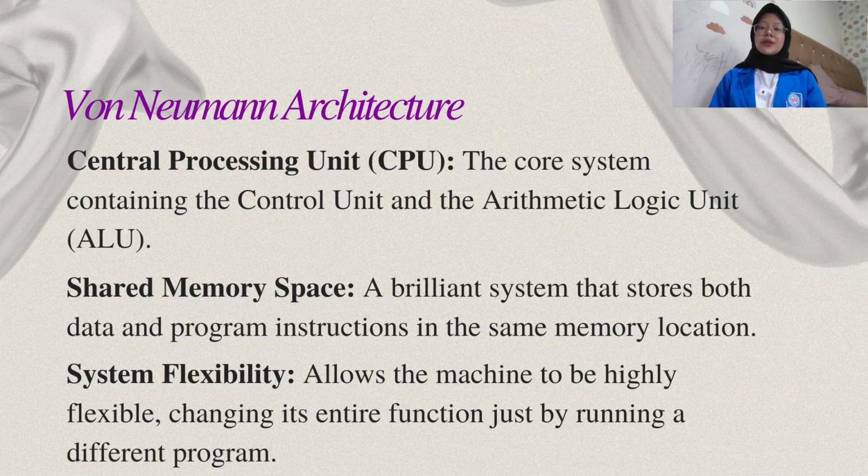This allows the computer to be incredibly flexible, changing its entire function just by running a different program. Now let's flip to slide 4 to see how data actually flows through this architecture.